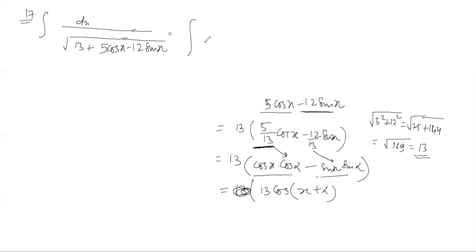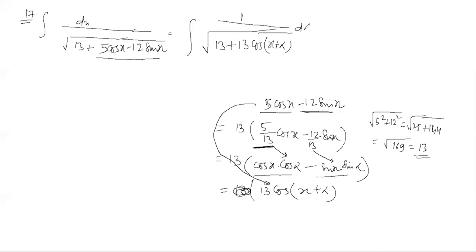In place of 5 cos x minus 12 sin x, I will write this, that is plus 13 into cos x plus alpha. Any problem till now? Very good.